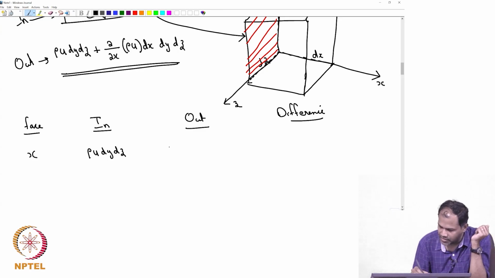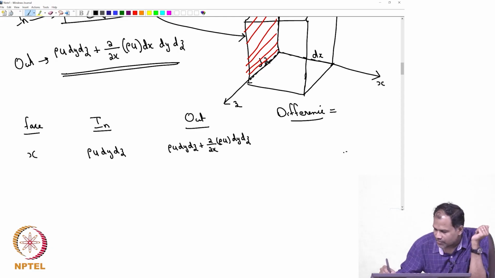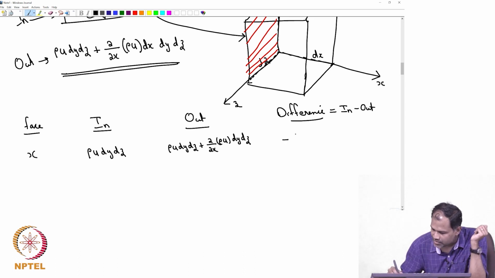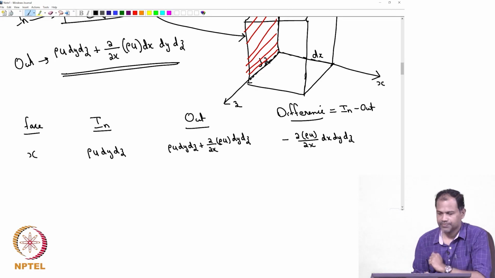The quantity that is out is rho u dy dz plus del by del x of rho u times dx dy dz. The difference we will write as in minus out, and that is minus del of rho u by del x times dx dy dz.